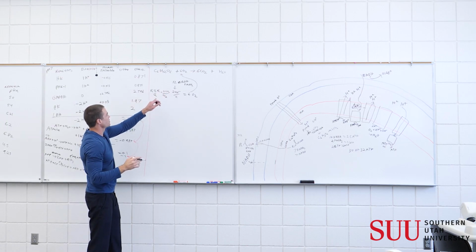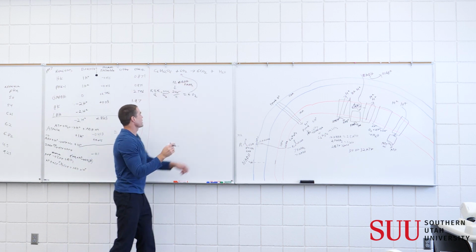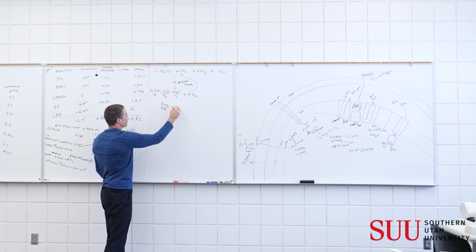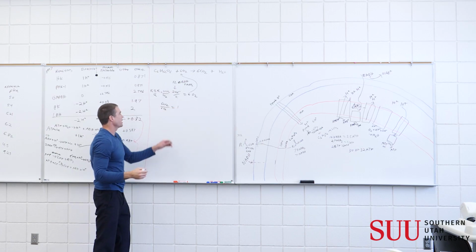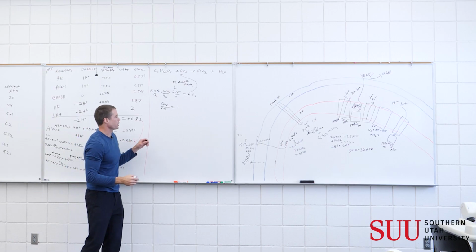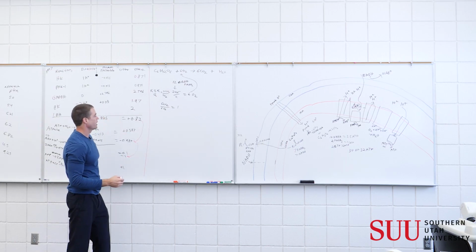How many carbons are there in this equation? There's 6. So you take your 6 CO2, that's the volume of carbon dioxide being expelled, over the volume of O2 being consumed, which is 6 O2. And so therefore you get 1. So that's why if you burn carbohydrates, your respiratory quotient is 1.